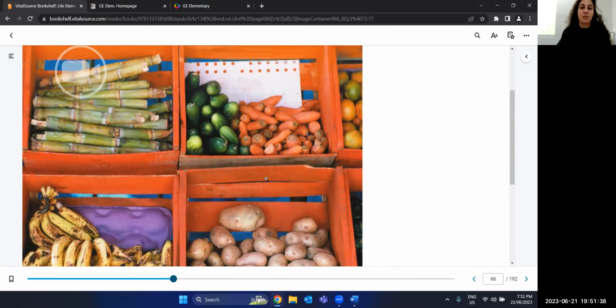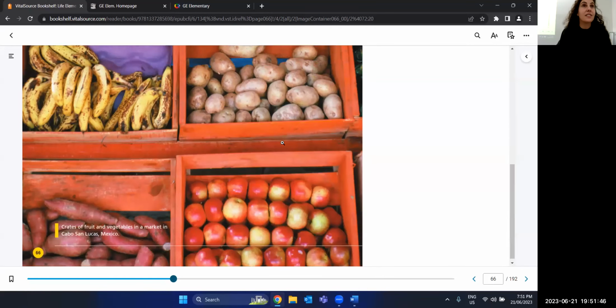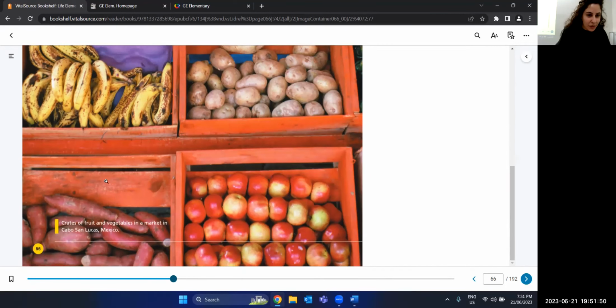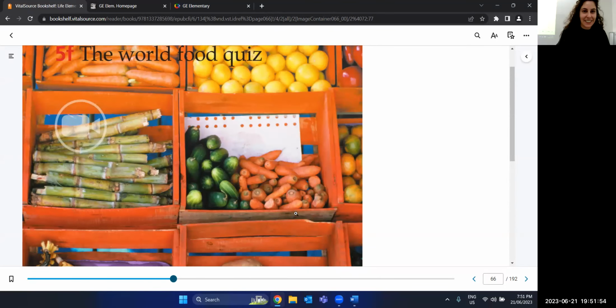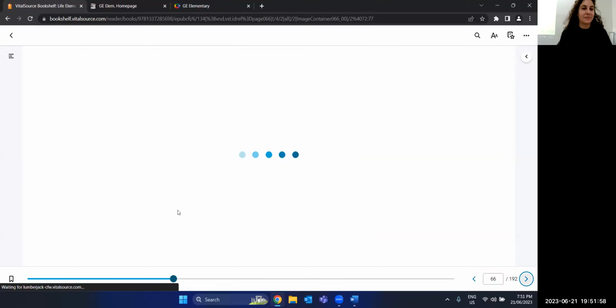So they're in boxes or crates. So I can see some carrots, bananas, potatoes. Oh, yes, plantains. Sweet potato, maybe apples. Very interesting. Yes, in Mexico.